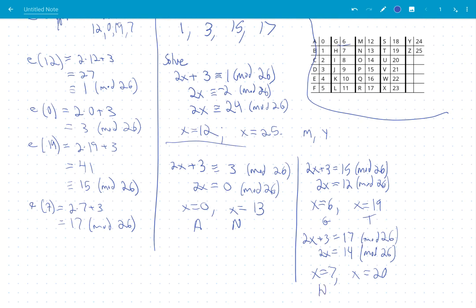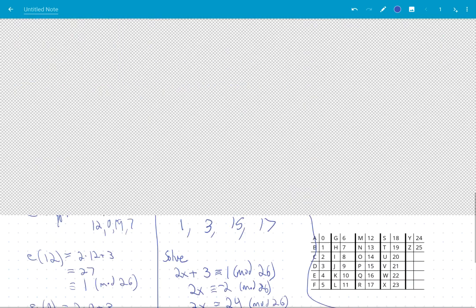So x equals 7 is the H character, and x equals 20 is the U character here. Okay, so what that tells us is the message that I sent you was either M or Y, A or N, G or T, H or U.